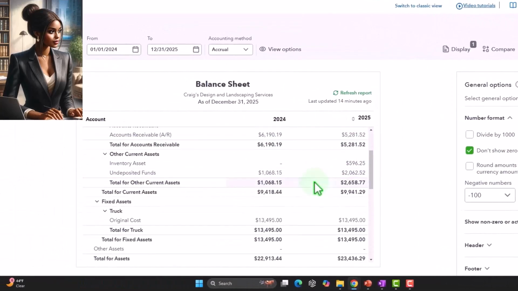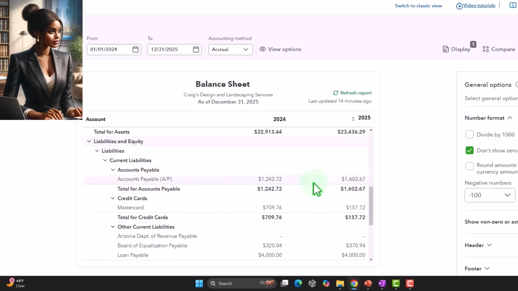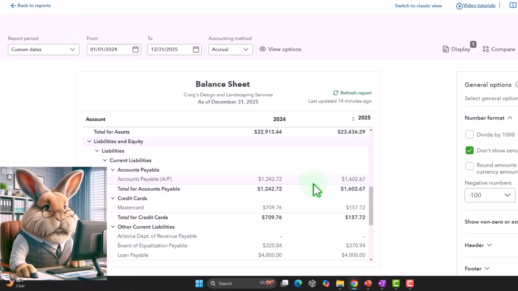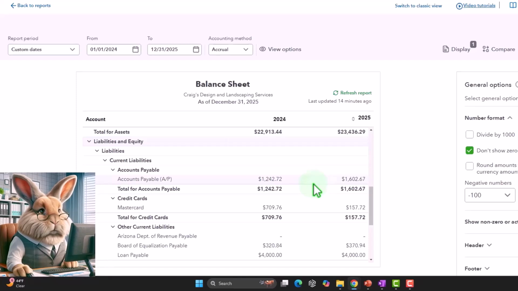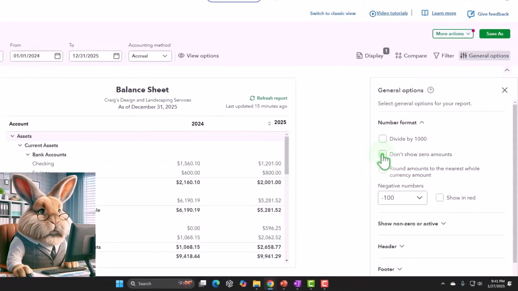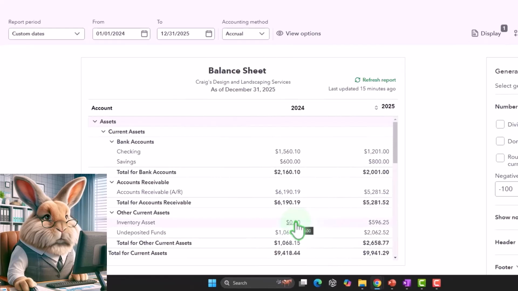Now, there's kind of an issue with the zeros that are going to be in place because you might, for example, want to see the zeros to see all of the accounts and or to see activity in active accounts. Let me uncheck this, for example. So now we can basically see these zero amounts here.